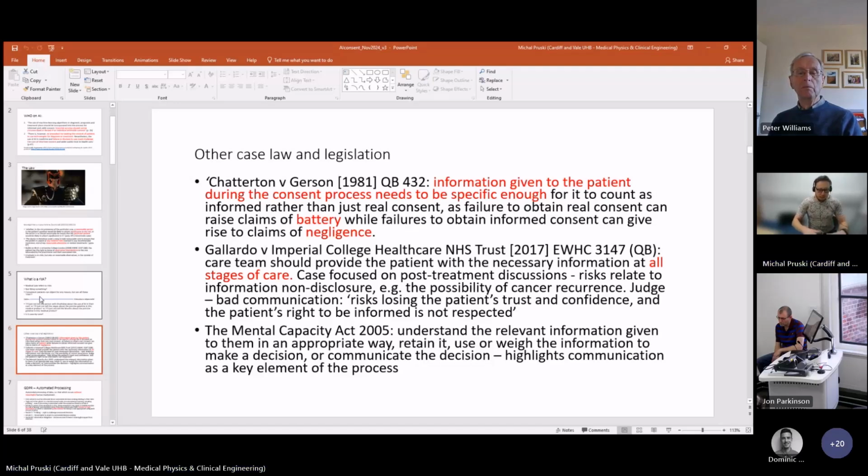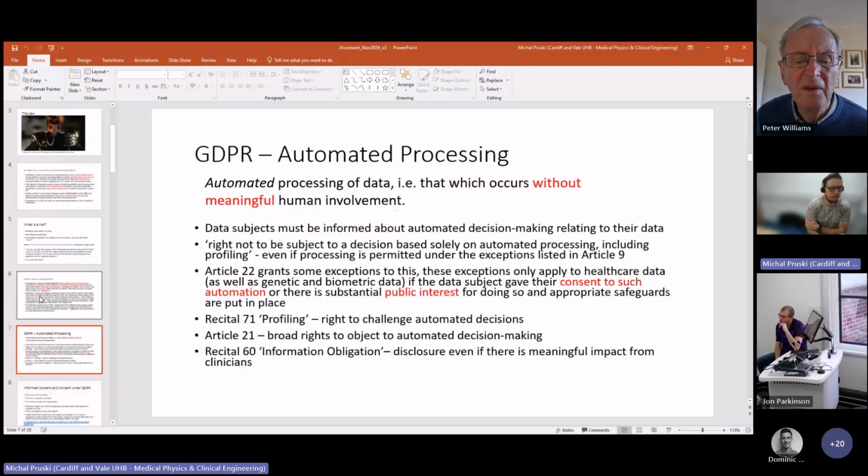So I think that the law points at more than just the risks. But now let's look a bit at the GDPR and what it says with regards to automated processing of data, which is processing that occurs without meaningful human involvement.